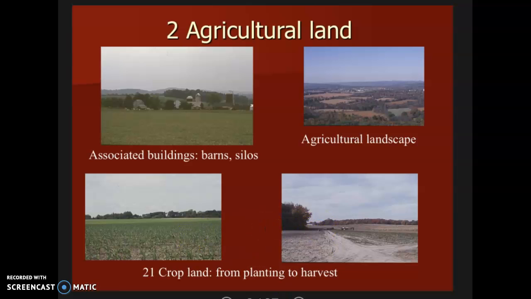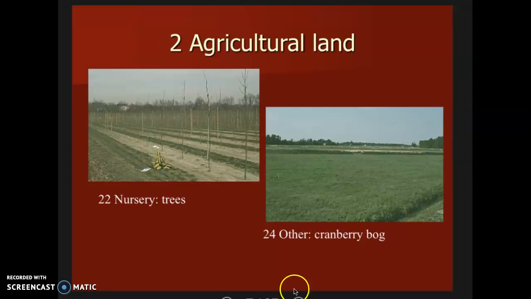Cropland looks different through the seasons. It also includes any associated buildings. 22 is a nursery for trees, sort of thing. 24, that's an other, so something like a cranberry bog could be considered other.